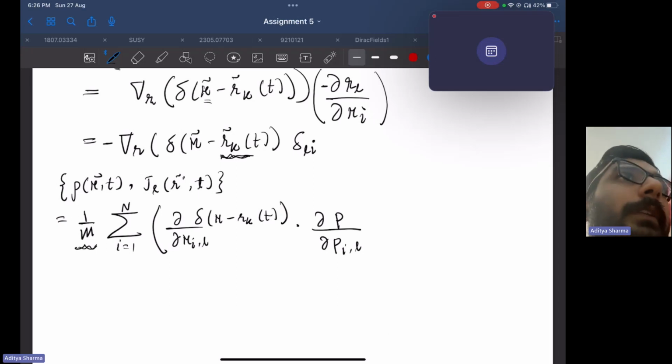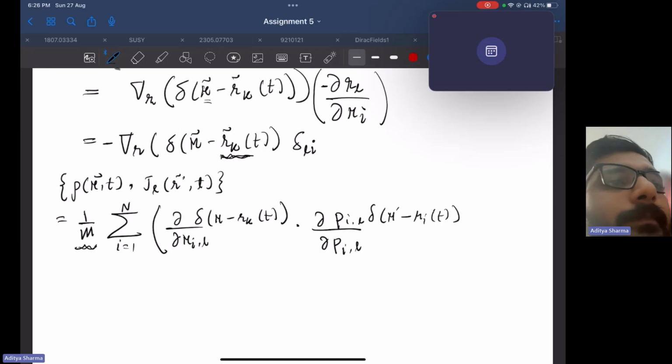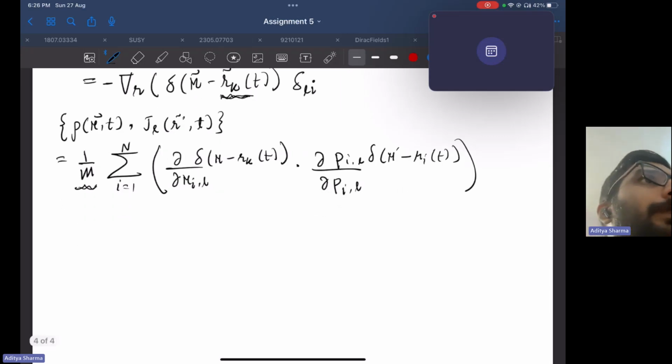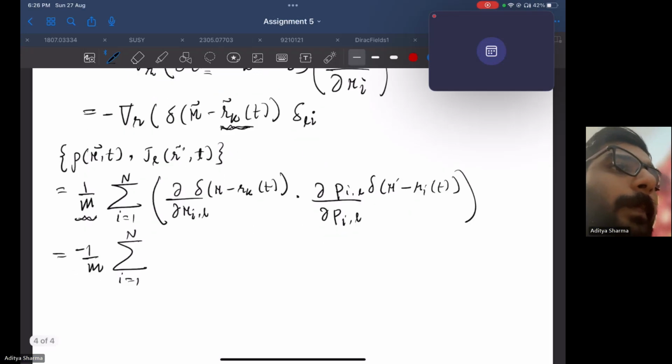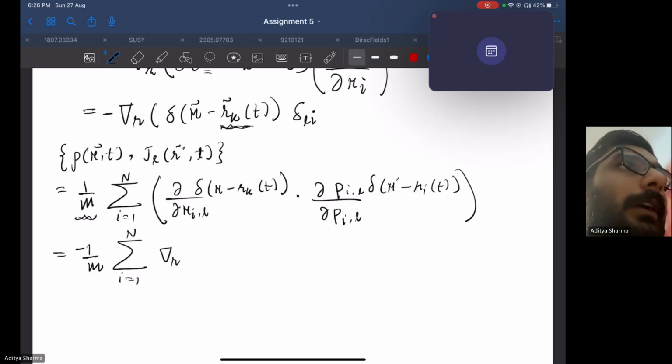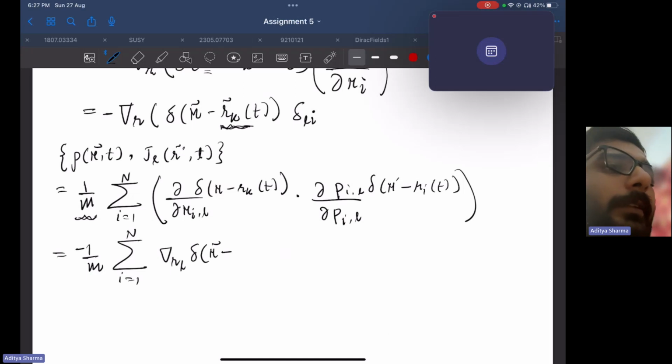So I will be left with r prime minus r_i p. This will just give me i equal to l, and we evaluated this, and we'll have i from 1 to n Dirac delta, derivative, sorry, gradient of r_l.